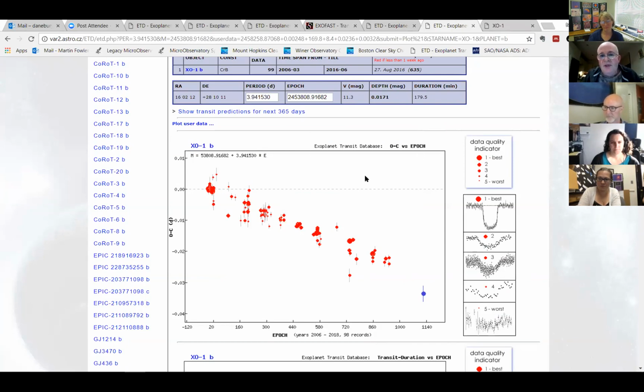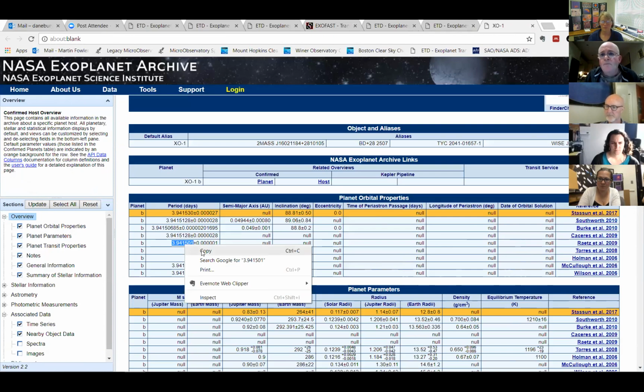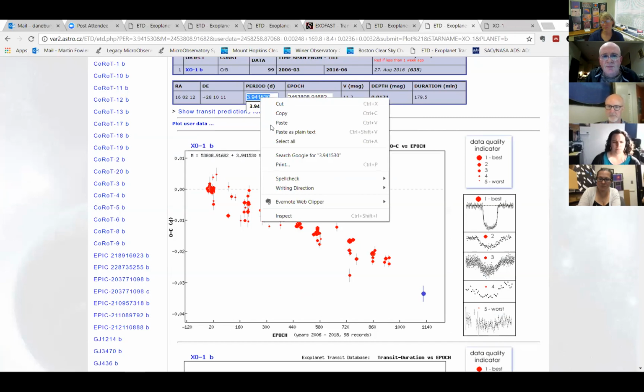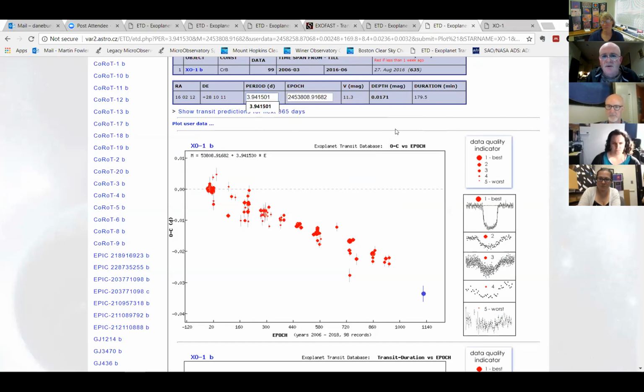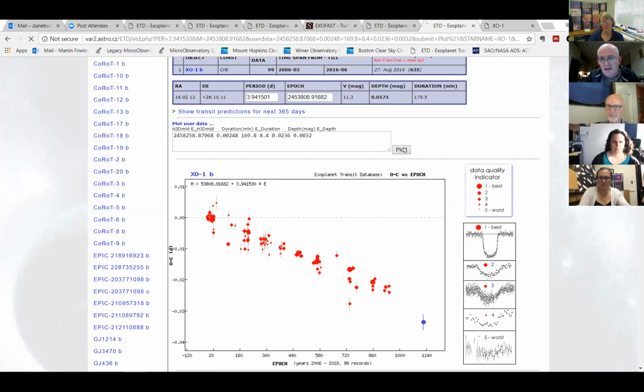What you can do, as I've shown, is change this value. Let's try a different one. Let's try one that's probably, I don't remember which one it is now. Let's try this one. Put that in. So this is a shorter period now, 501, not user data, which is that.